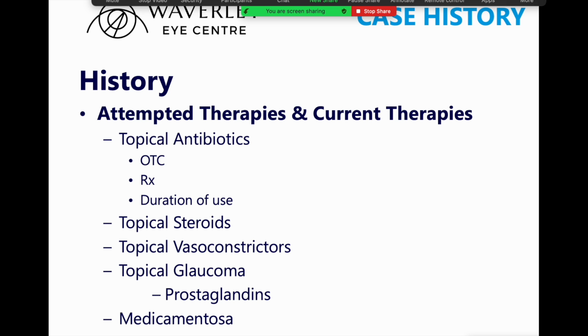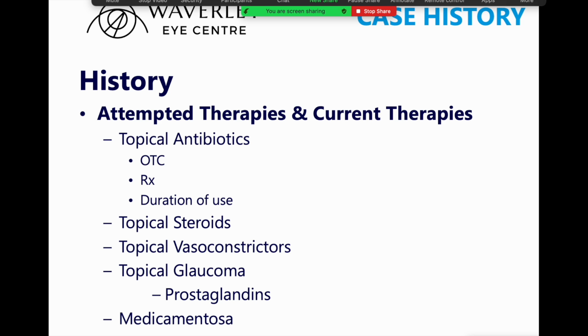Fair enough. And then you want to be aware of something called medicamentosa, and this is not a breath mint. This is the condition where the active ingredients in the drops or the preservative in the drops are causing irritation to the eye. Sometimes if someone has a chronic eye problem, they come in with a couple of bags of drops.